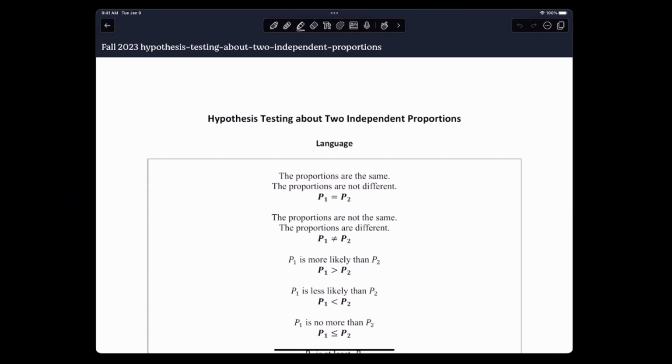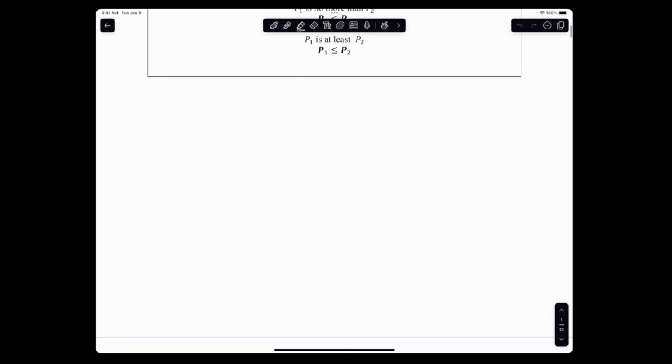Now, here's what's happening. You guys are at a good spot with hypothesis testing because very, very often we like to compare two groups, two independent populations. Like if I said to you, who's more likely to smoke, men or women? So we're looking at two independent populations. So I'm going to do something like this here, okay?